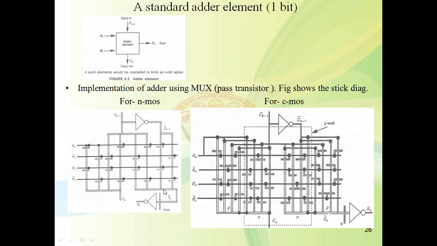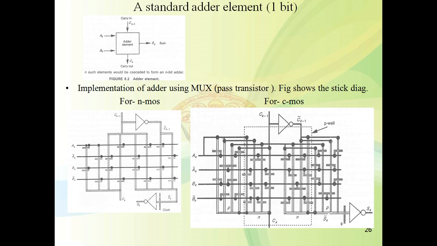Okay, so likewise you can take another case, that is if ak and bk are not equal, let us say ak and bk complement. Then what is the sk, that is the sum is equal to ck minus 1 bar.